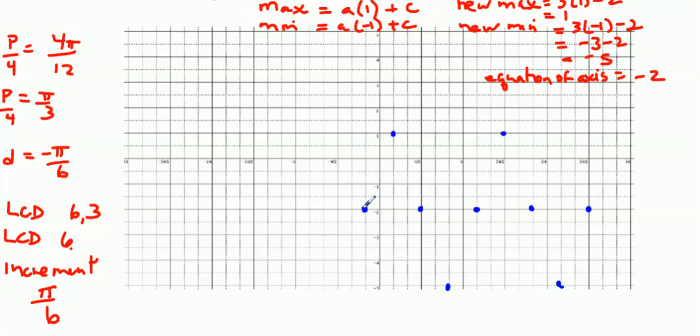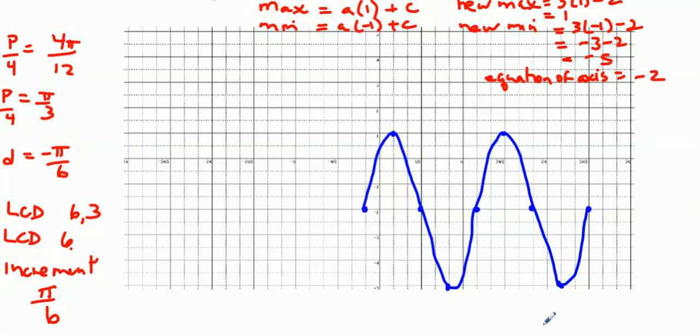So I'm just going to draw my 2 cycles. There's 1 cycle. Two cycles. I'm going to label some points. So this is negative pi by 6 and negative 2. This is pi by 6 and 1.